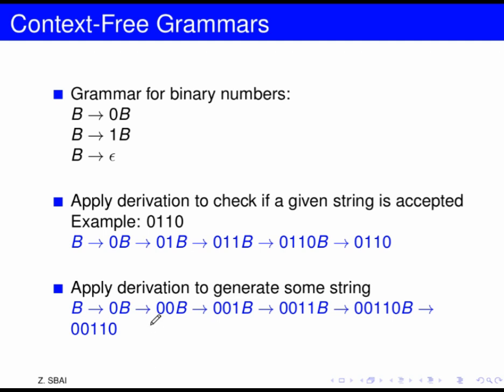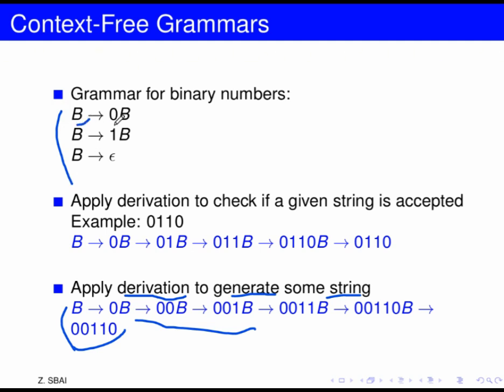We can also look for some derivation in order to obtain some random string. Okay, we say that we can generate strings. For example, here we applied a set of random substitutions in order to obtain the string 0, 0, 1, 1, 0. We say that we generated this string, and we can generate many strings according to this grammar, since it's recursive.